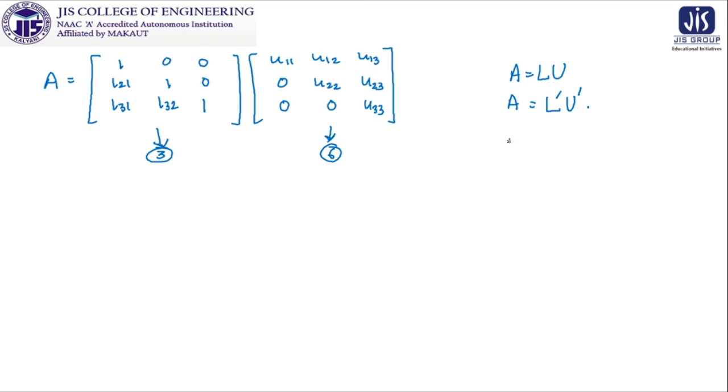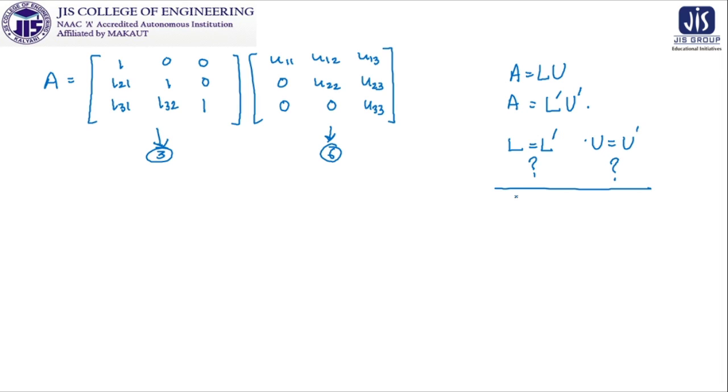Please check L and L dash, are they same? U and U dash, are they same? If they are same, then what is the condition for their similarity? And if they are not same, then also why they are not same?